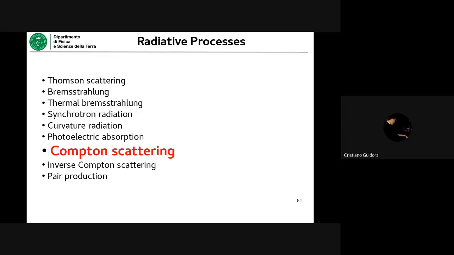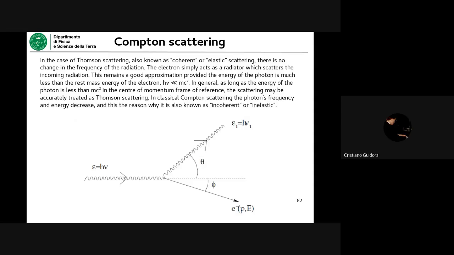And this is all about photoelectric absorption. Moving on, let's talk instead about Compton scattering. What is that? Well, this is again a scattering between a photon and an electron.